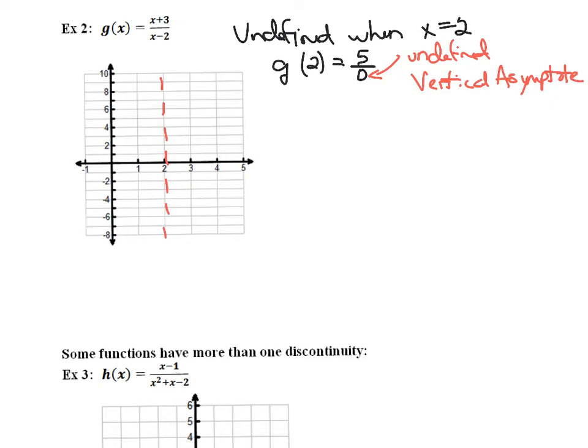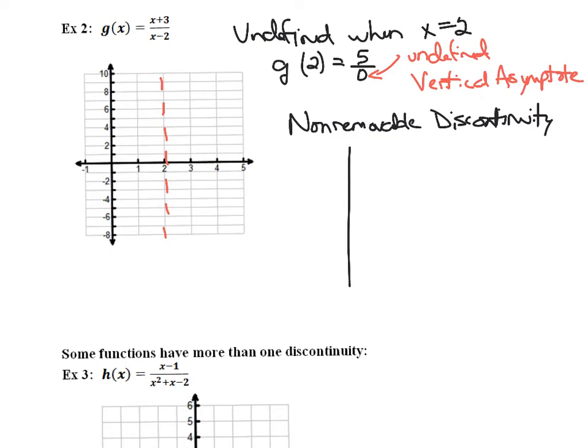Now a vertical asymptote is going to be a non-removable discontinuity, because I can't simply make this a continuous function by identifying just one point. This discontinuity is at the vertical asymptote. Now I'm going to take a minute to make a table of values here and go ahead and graph this function.